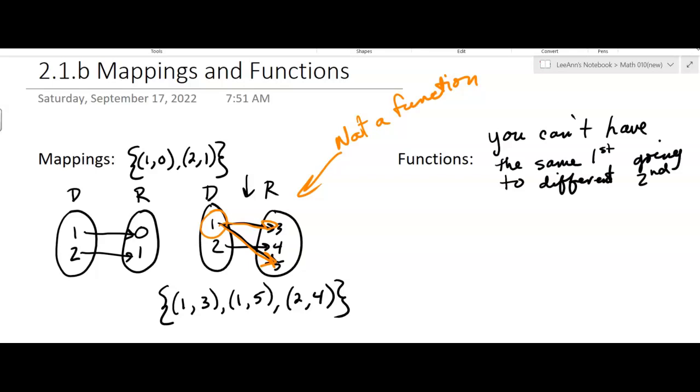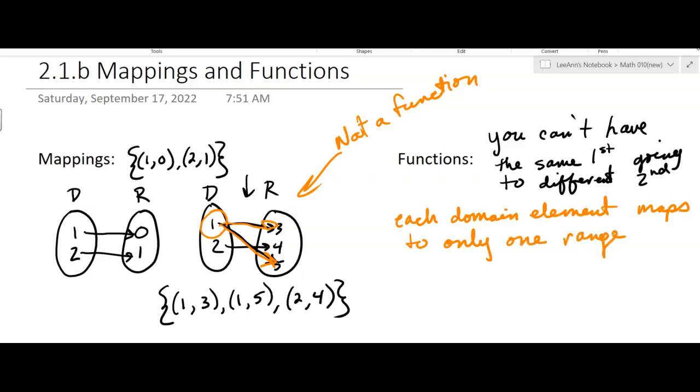So another way to say this is each domain element maps to only one range element. And you can look up the formal definitions in the textbook. Okay? So is this a function over here? Yeah. Each domain, so I've got a 1, it only goes to 0. I've got a 2, it only goes to 1. So yes, this is a function.